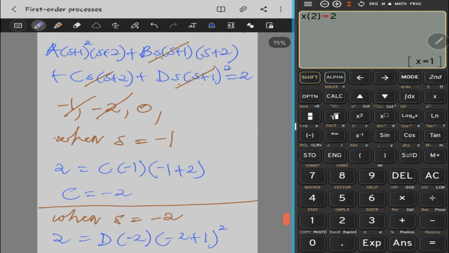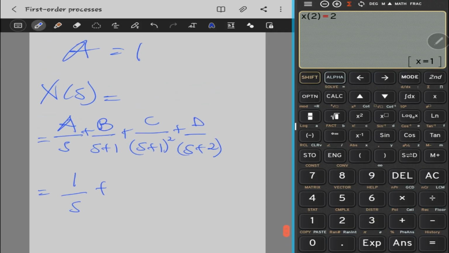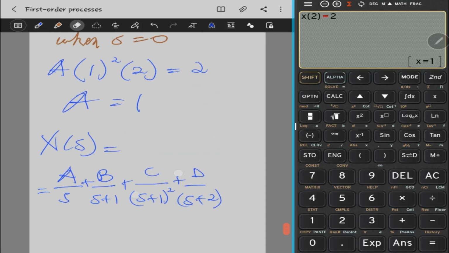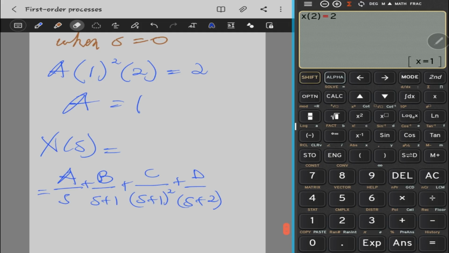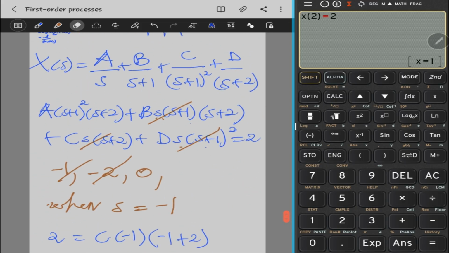So the way we find b is that now that we found all these constants, we put everything in and then we simplify to find b. And there are cases where frankly this actually happens, where you can't find b directly. So we look at the original equation, put the constants in and then we expand.